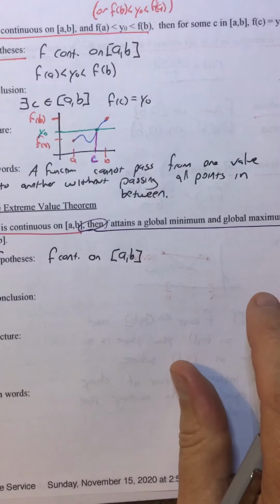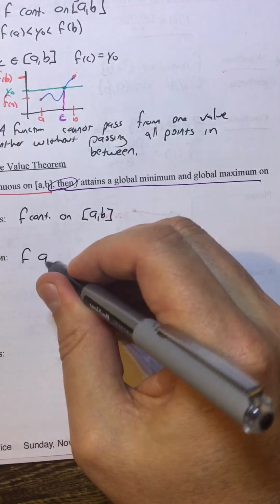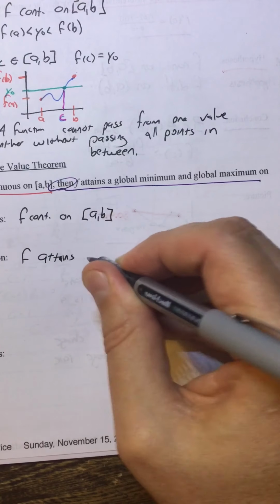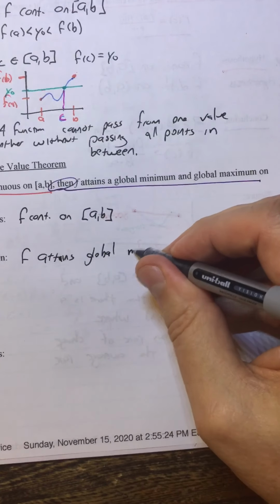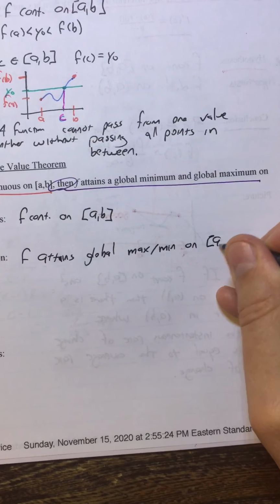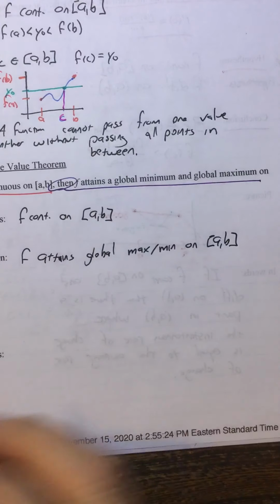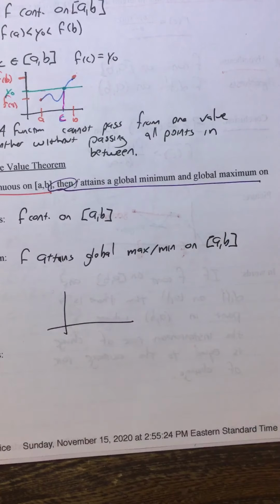So our conclusion is f attains a global max and min on the closed interval [a, b].